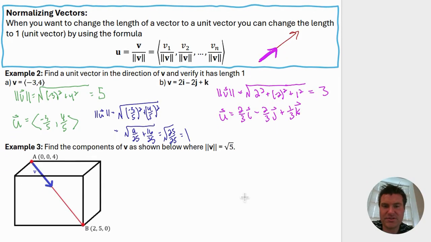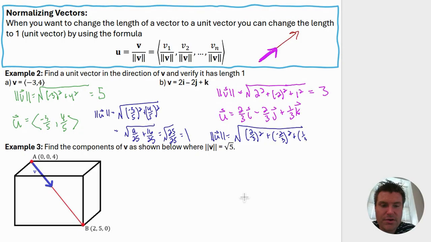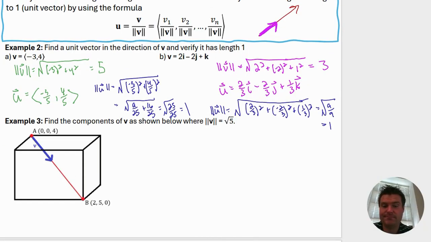Thanks for answering that question. You can probably verify this yourself, though. We're going to do the first one squared, which is 2/3 squared plus -2/3 squared plus 1/3 squared. That's actually going to give me the square root of 9/9, which is equal to 1. So those are both unit vectors of length 1.